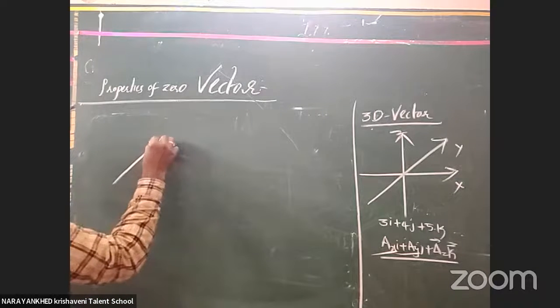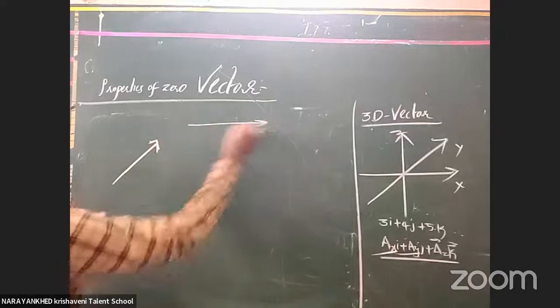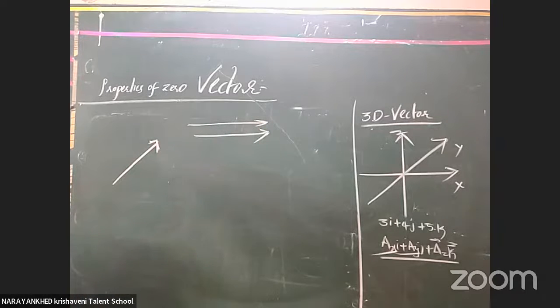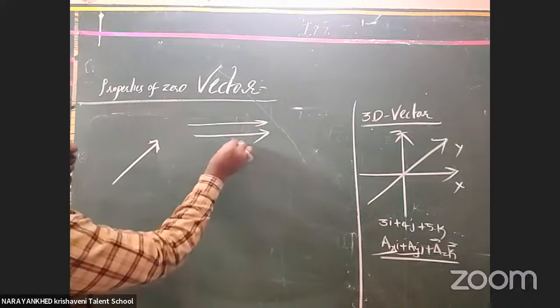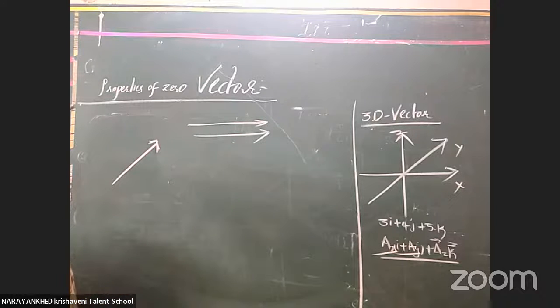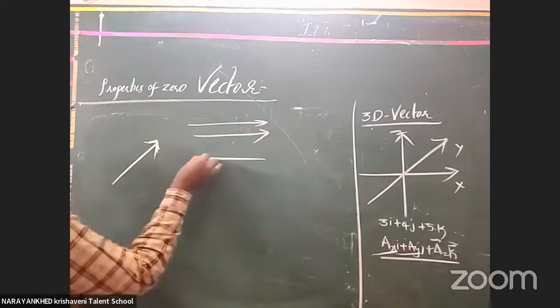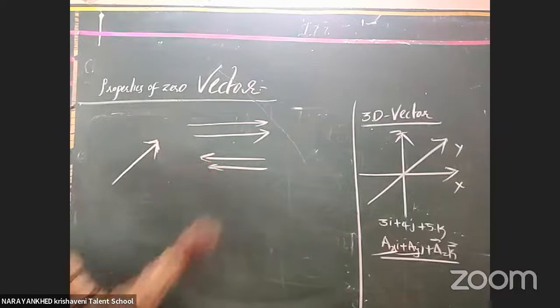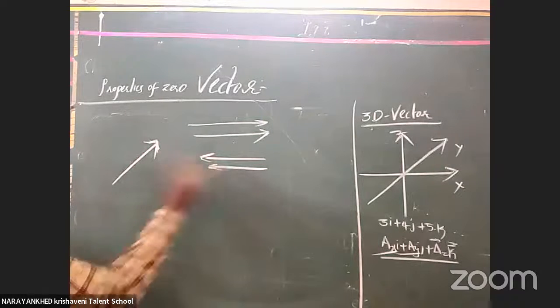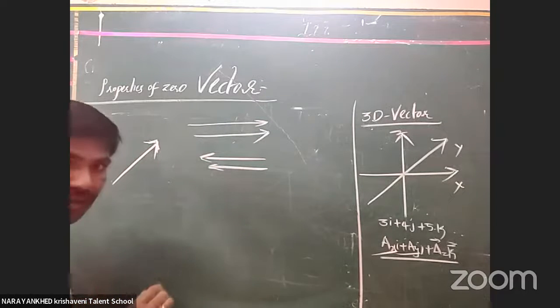Suppose they are in this particular way, one parallel with the other. Got it? Or these are parallel with one another. In this situation, one is parallel with the other. Next, when vectors are like this, they are called anti-parallel, but they do not meet one another.